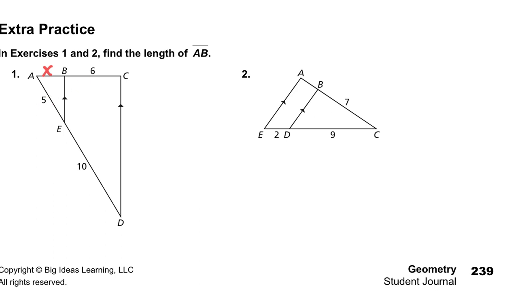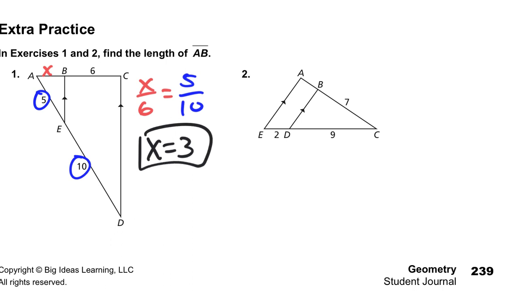Our triangle proportionality theorem says that these sections right here, X and 6, if I write those X over 6, that ratio is going to be proportional to the corresponding parts, which would be 5 and 10. So we're going to put 5 over 10. So when I solve, I'm going to get that X equals 3. We can multiply both sides by 6, and you get X equals 3.